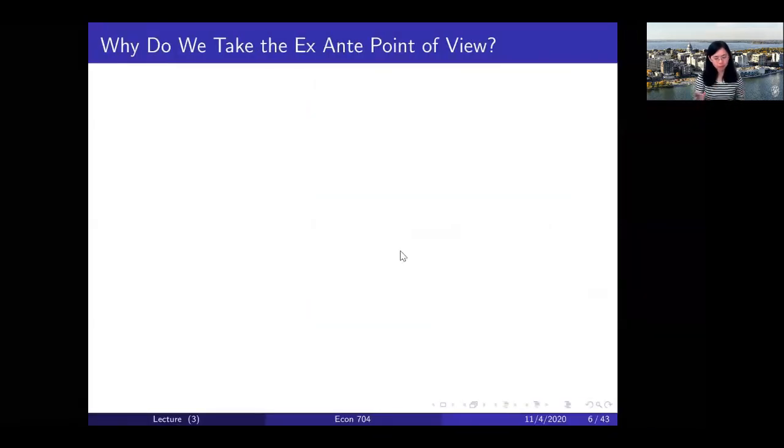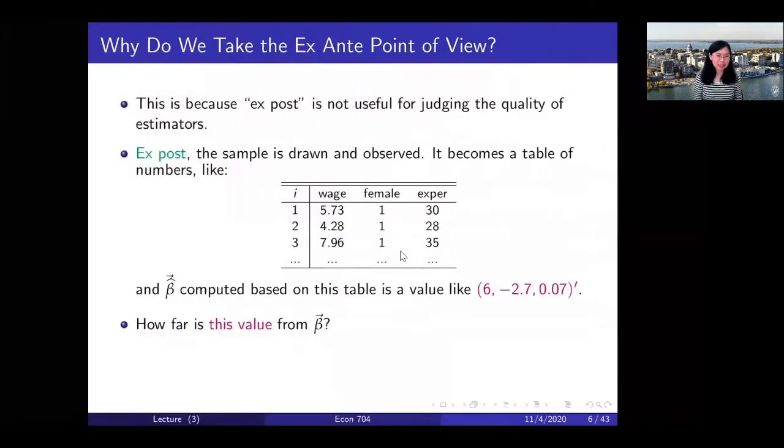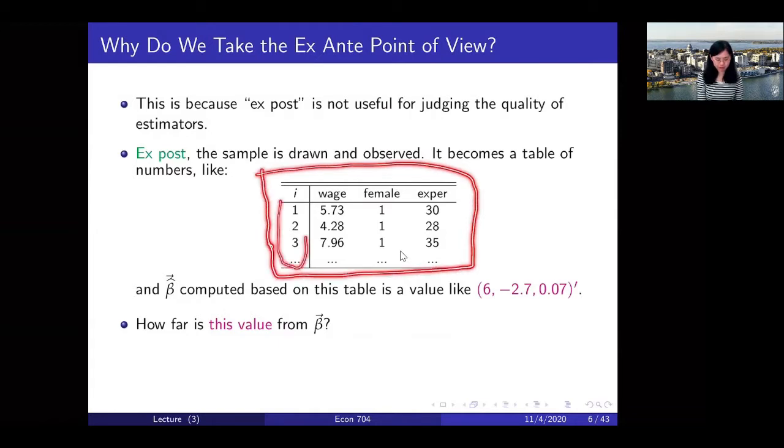Why do we take the ex ante point of view instead of the ex post point of view when we evaluate the properties of the estimator? As we said before, ex post is not very useful for judging the quality of estimators. For example, suppose that ex post your sample is drawn and observed to be this table, your sample of individuals for which you observe their wage, their gender, and their experience.